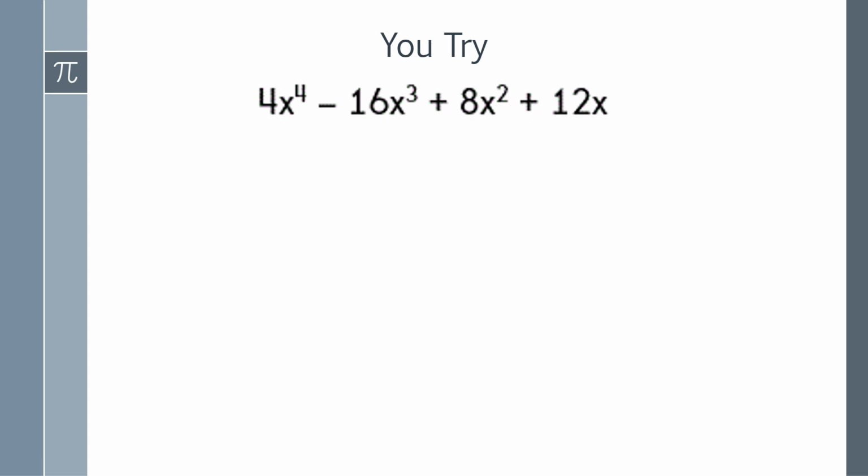So I'm going to just shorthand it a little bit. I know for this particular example, the greatest common factor of all of these, they have a 4, then they have an x in common. So I took that out.